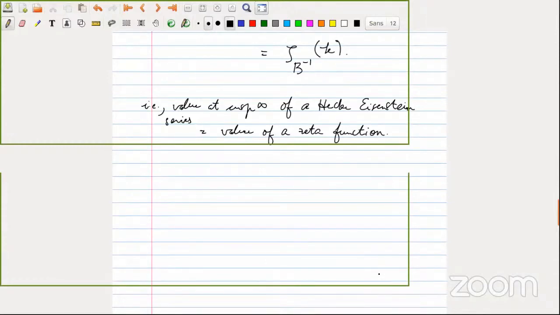In fact one can show this. This is a theorem due to Ziegler.